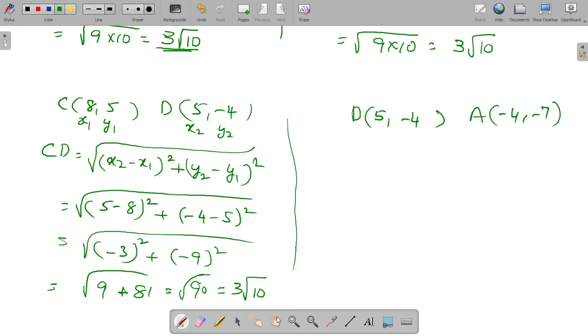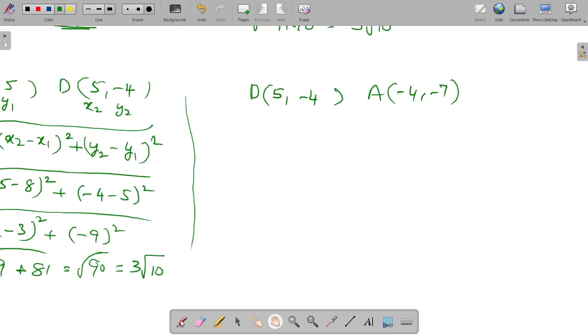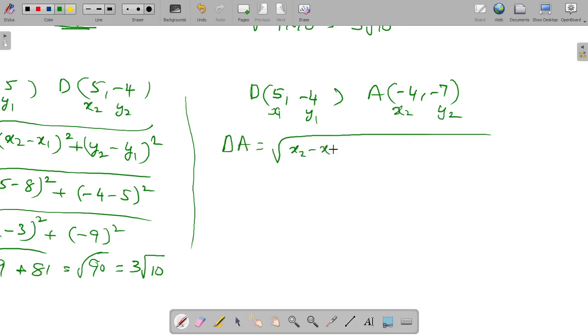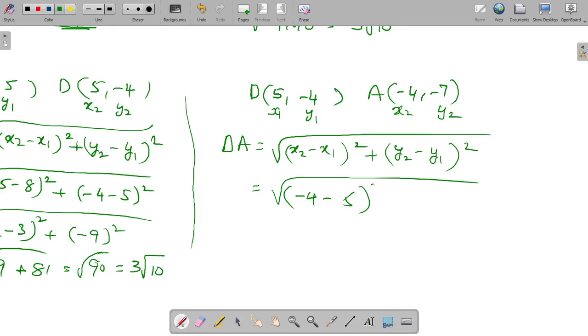After that, DA. This is x1, y1, x2, y2. AD or DA is equal to the square root of (x2 minus x1) whole square plus (y2 minus y1) whole square, which is (-4 minus 5) whole square plus (-7 minus of -4) whole square.